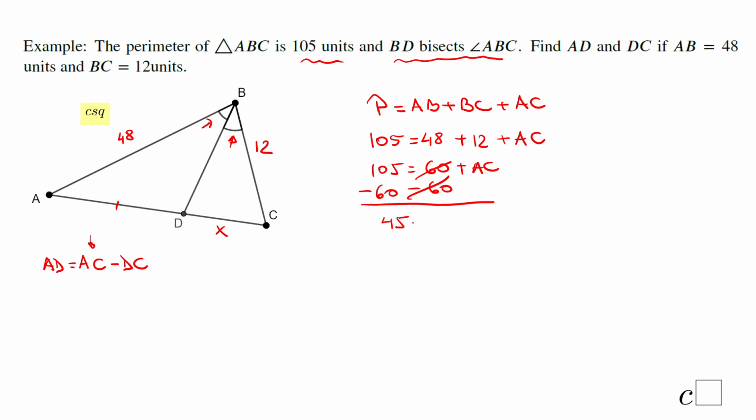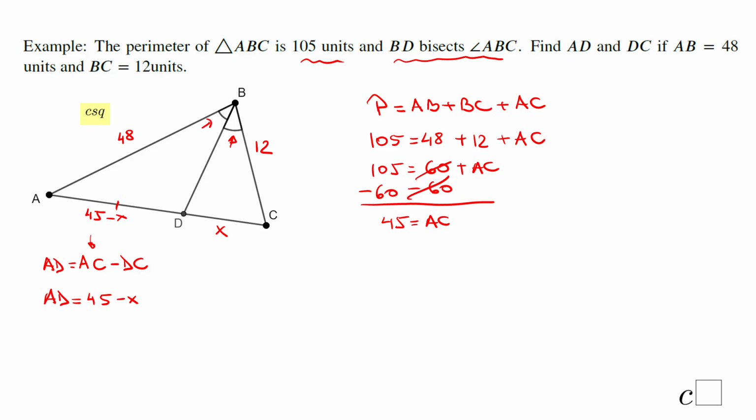So now we do have the length of segment AC, it's 45, so obviously AD now will be that 45 minus x, right? 45 minus x.